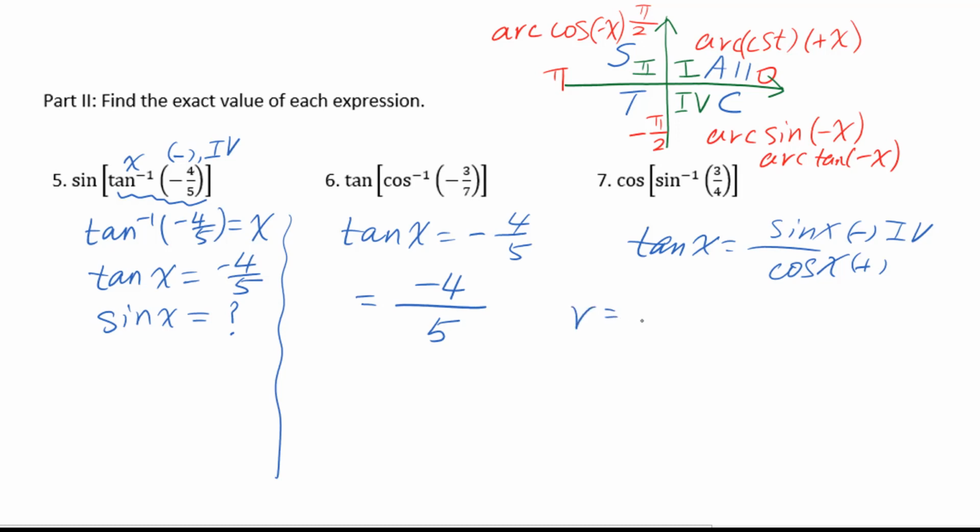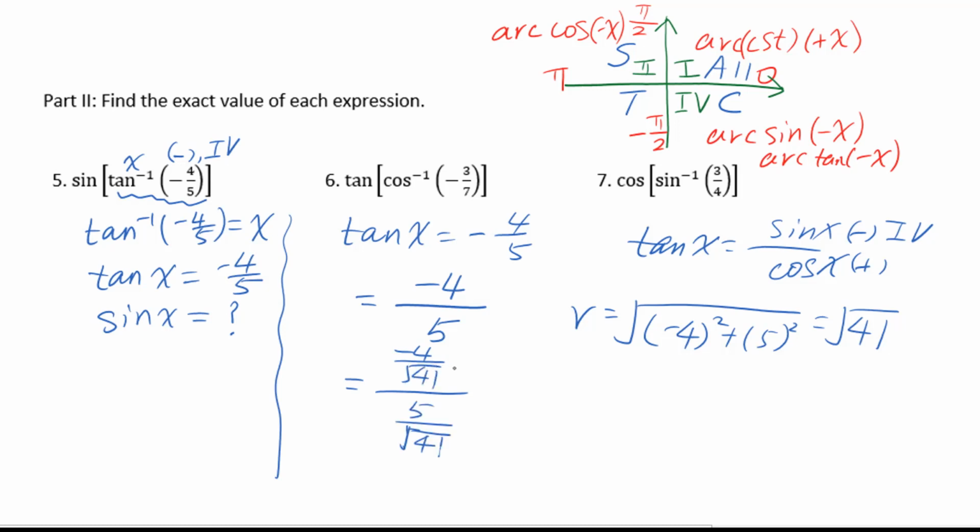We will work out this r. That is the square root of negative 4 squared plus 5 squared, which equals square root of 41. Then top and bottom, we will divide by square root of 41. This will be sine x, and this will be cosine x.